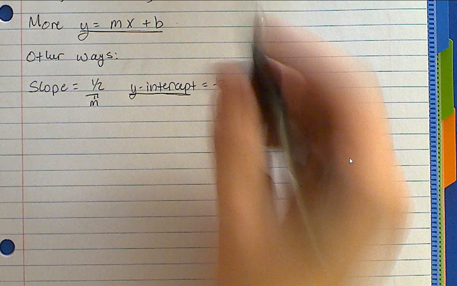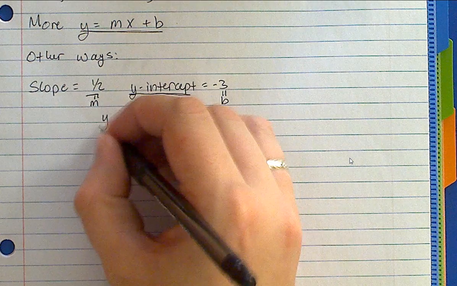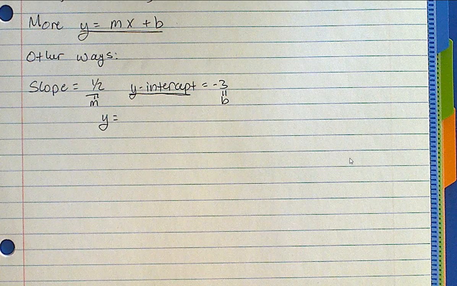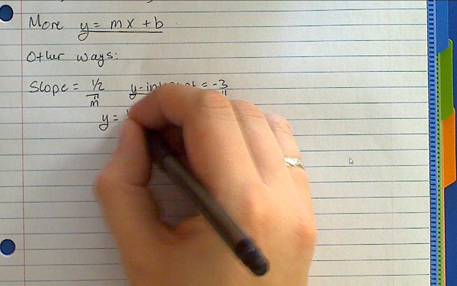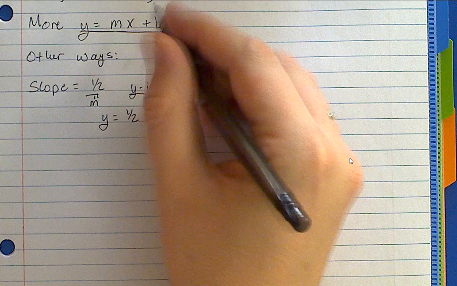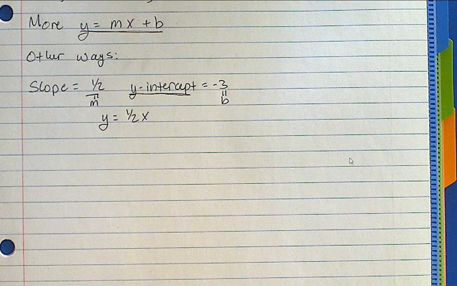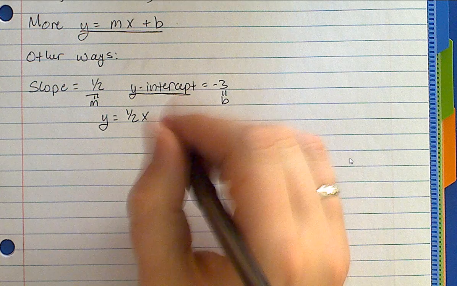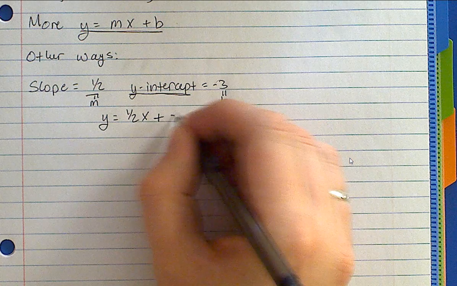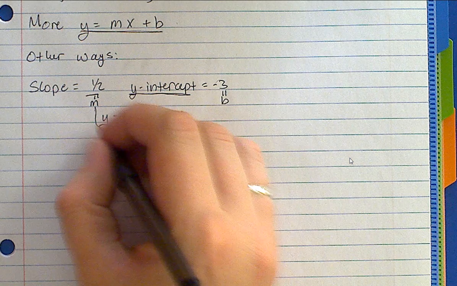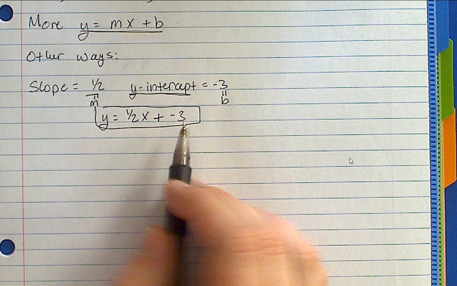So, you keep y as y, you replace m with whatever the slope is, in this case 1/2, x stays x, and then where b goes, you replace it with whatever the y-intercept is. You can do it as plus -3, or you can do it as just -3.